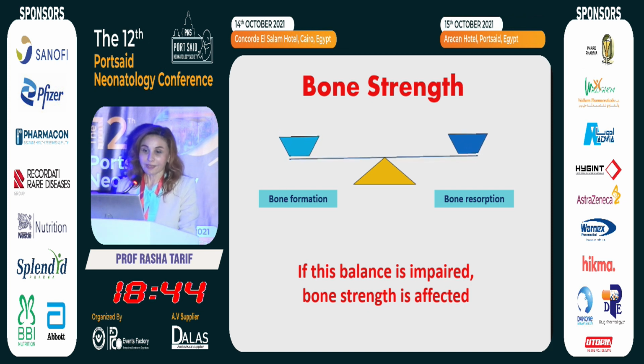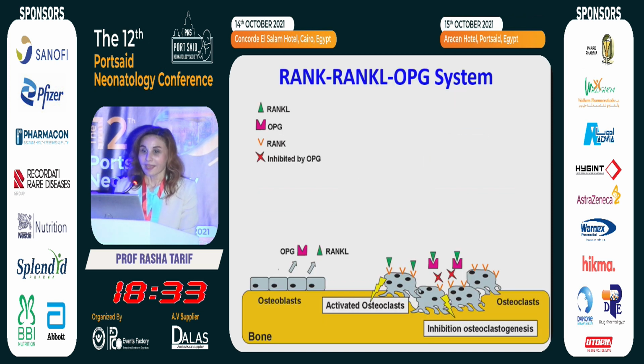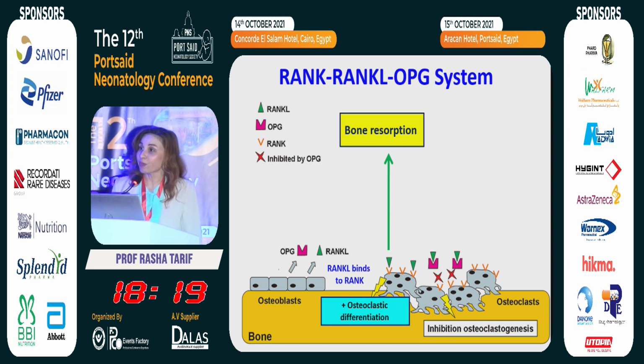Bone strength results from a balance between bone formation and bone resorption, and if this balance is impaired, bone strength is affected. Now, looking closely at the RANKL/OPG or osteoprotegerin system, RANKL binds to RANK, and this stimulates osteoclastic differentiation, and this will result in bone resorption.